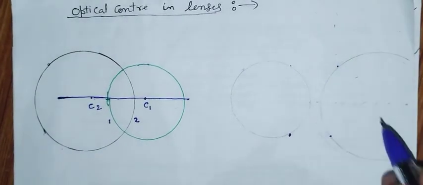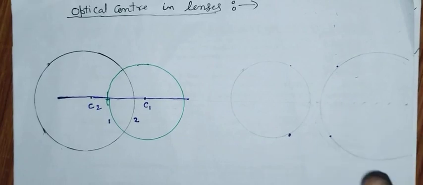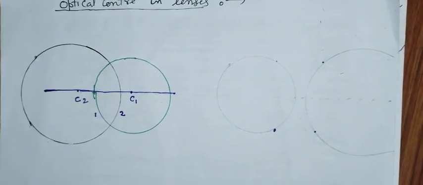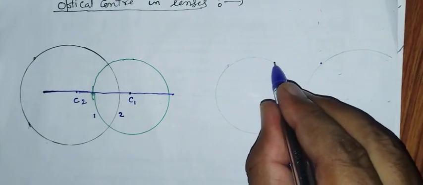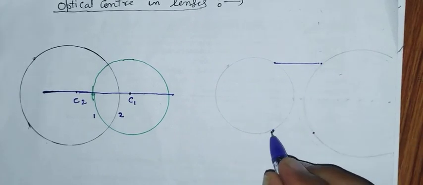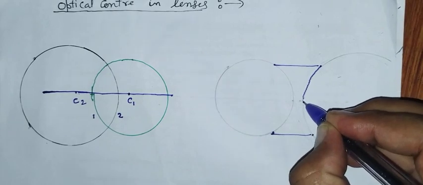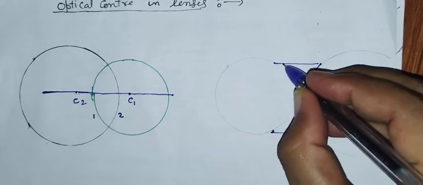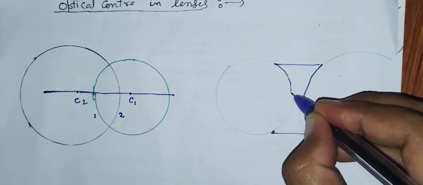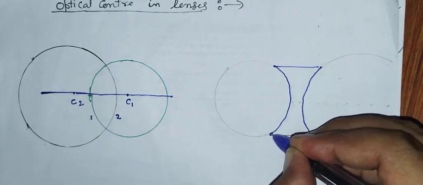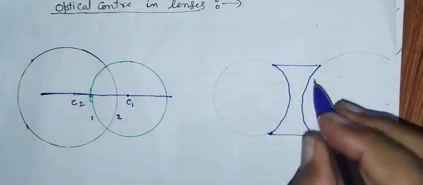Whereas in the concave lens, see it very carefully. Here in the picture is the concave lens.